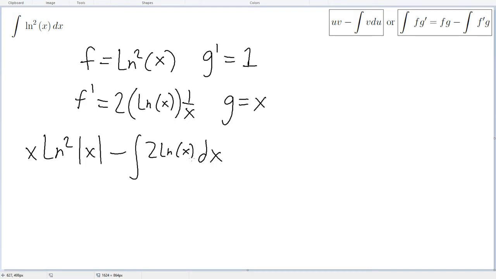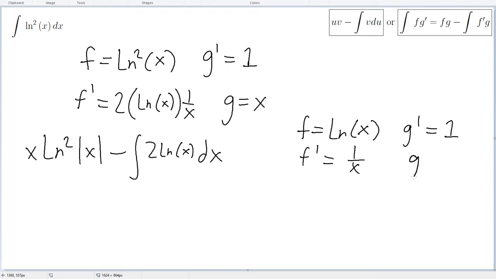Now you just do integration by parts again. It's the same concept again, literally. So we derive ln of x, and integrate 1. The derivative here is just 1 over x. Integrate 1, it's just x.